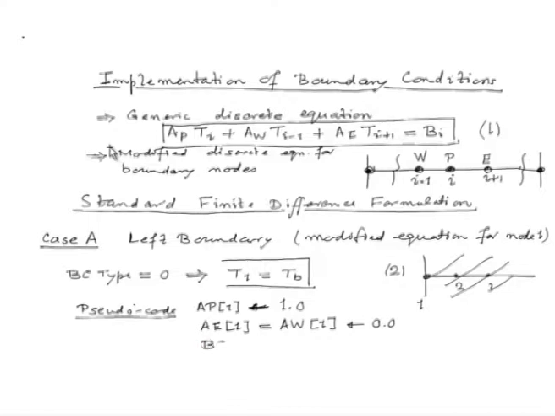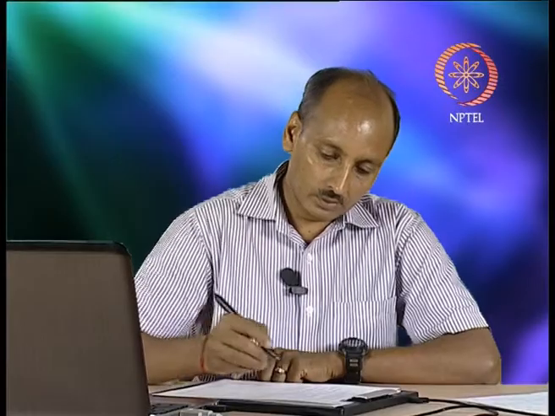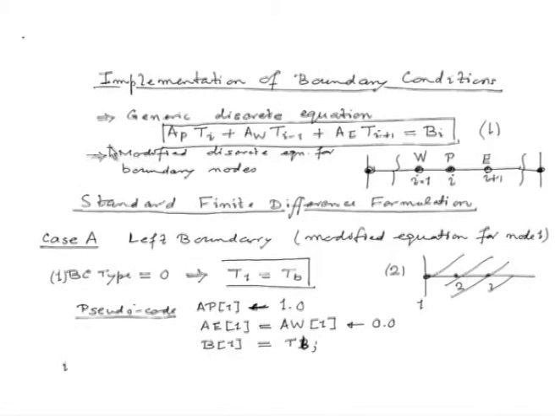Our B1 would be assigned the boundary condition specified at this node, TB, T subscript B. So now this is one particular case or one condition. The second condition could be that the flux is specified.